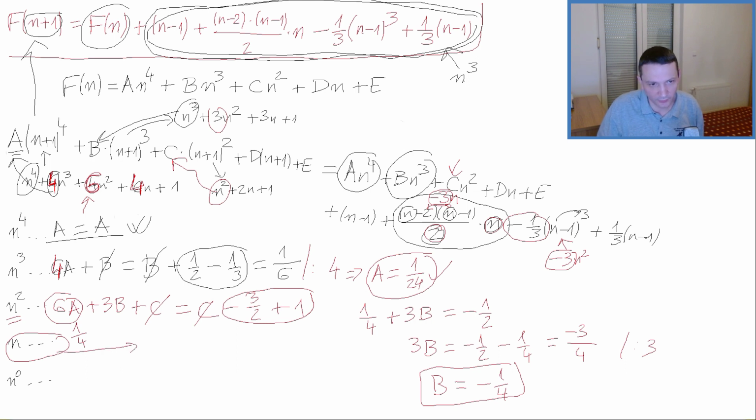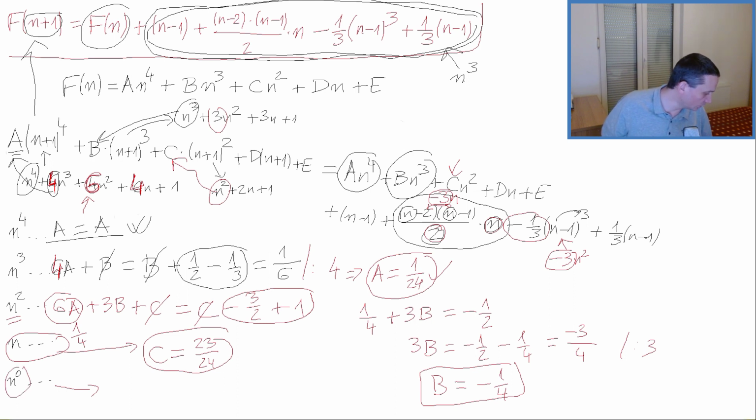Equating coefficients in front of n will lead us to obtain that c is equal to 23/24. Equating free coefficients, in front of n to the power of 0, will lead to d equal to minus 7/4.